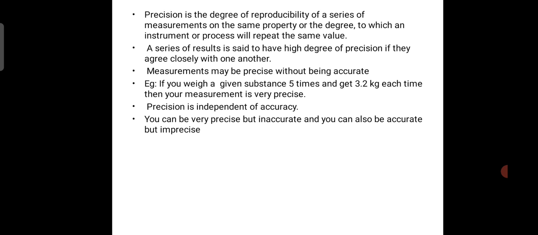Actually, precision is based on the measuring tool. Accuracy is based on the measuring person. So precision is independent of accuracy. Sometimes we can be precise but inaccurate. Sometimes it will be accurate but may be imprecise.